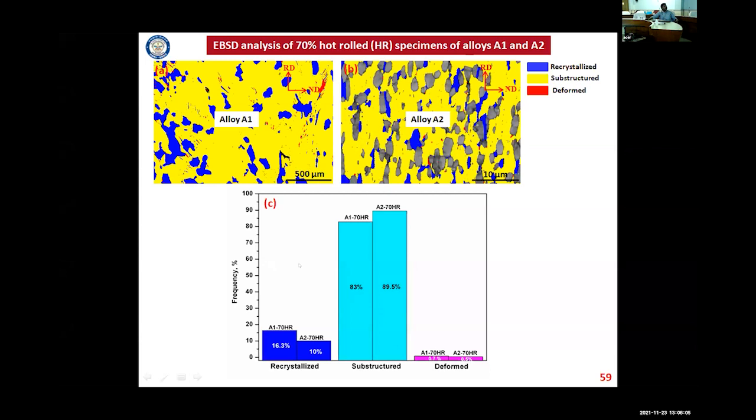So the large fraction of recrystallized grains in A1 is more compared to A2. In A2, because of the alpha precipitates, they will not allow the beta grains to recrystallize.